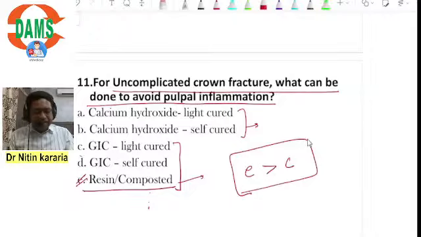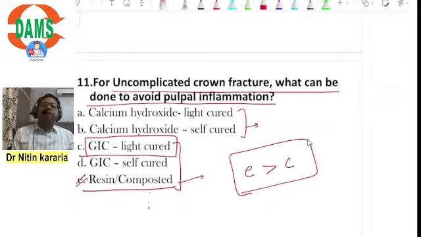The second best answer is GIC light cured. So if resin and composite is there, that would be the first choice answer. If that is not there, GIC would be the first choice answer. And if the various versions of GIC is given, then definitely light cured is better than self cured GIC.